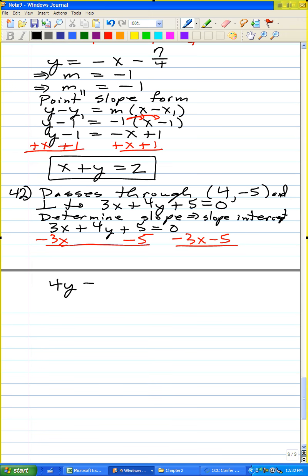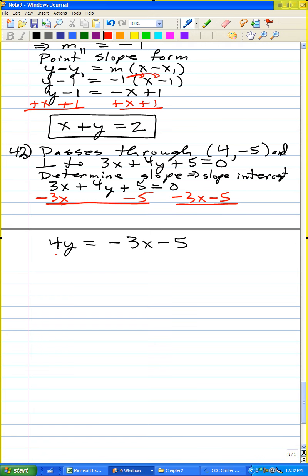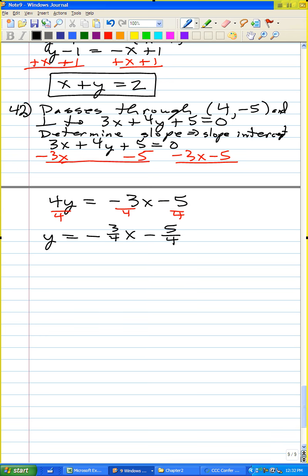Let me divide both sides of my equation by 4. And so I have that y is equal to negative 3/4 x minus 5/4. So therefore, the slope of my line is negative 3/4.